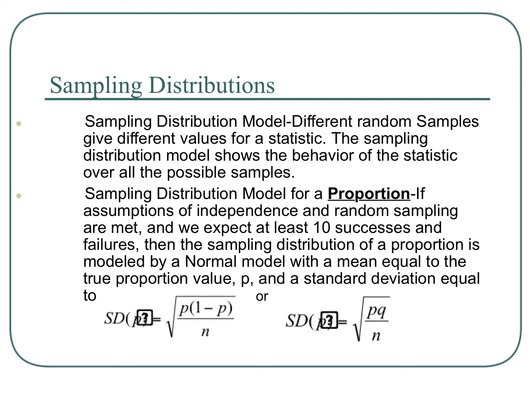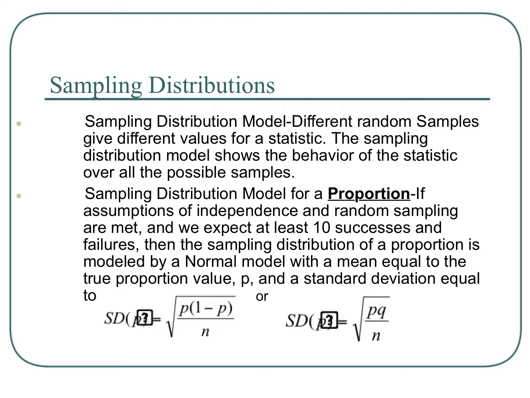That 10 successes and failures comes from estimating a binomial proportion with the normal model. So if we have more than 10 successes and failures, then our sampling distribution is going to be normal, with the mean equal to the true proportion p, and the standard deviation equal to the square root of pq divided by n.